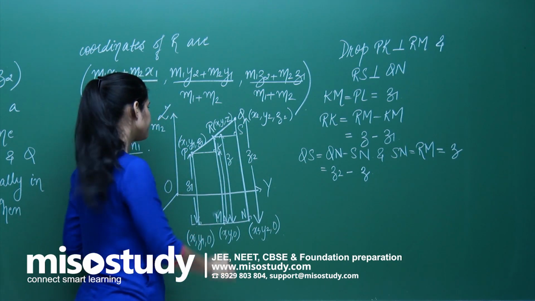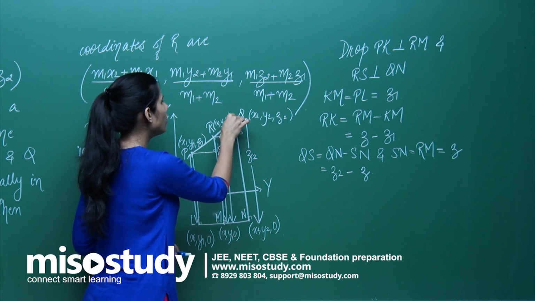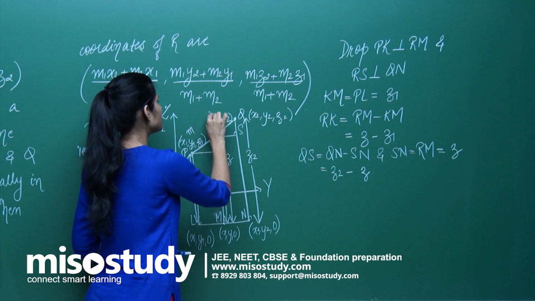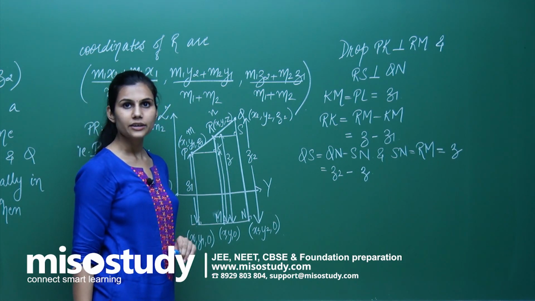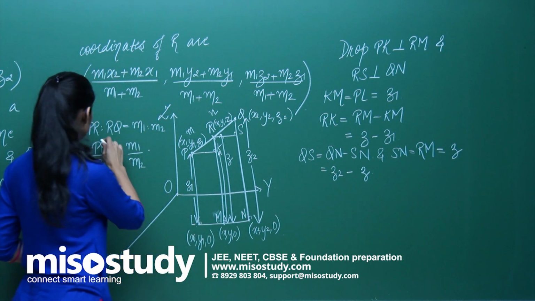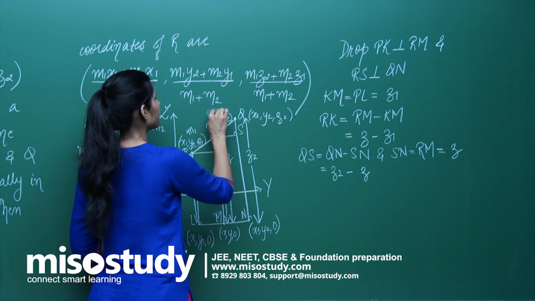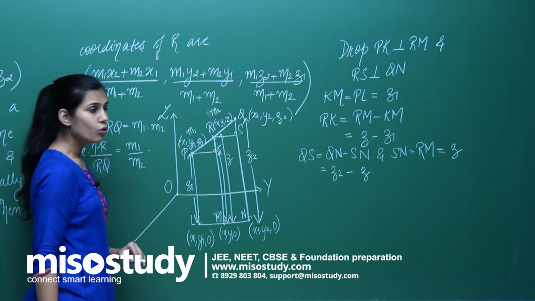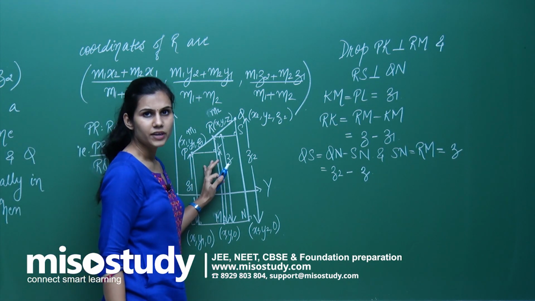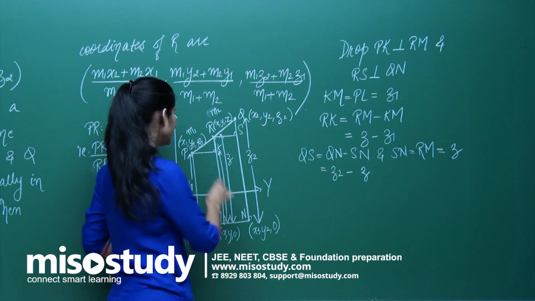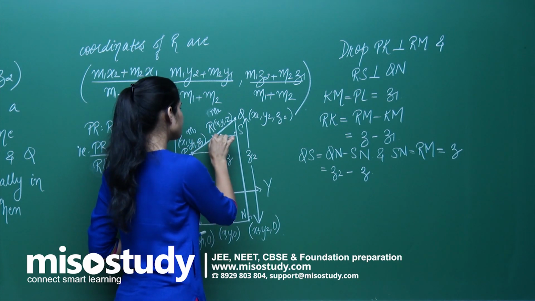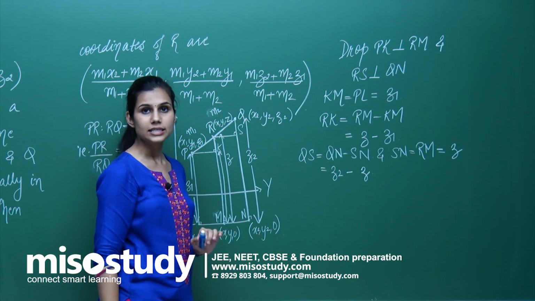Also understand PR is to RQ was m is to n. I've written this: PR is to RQ is m1 is to m2. Now if you look at the figure, you can very easily see that these two triangles are similar.